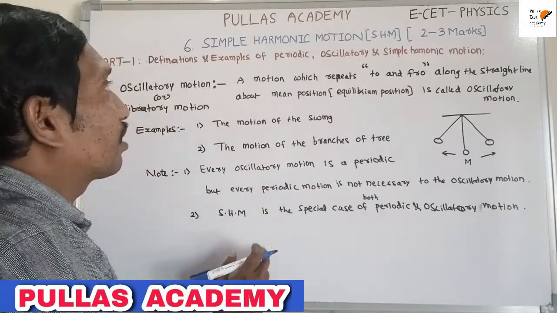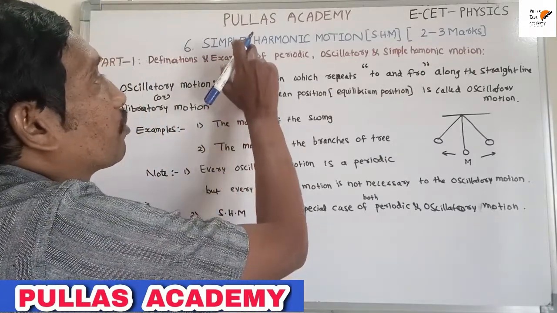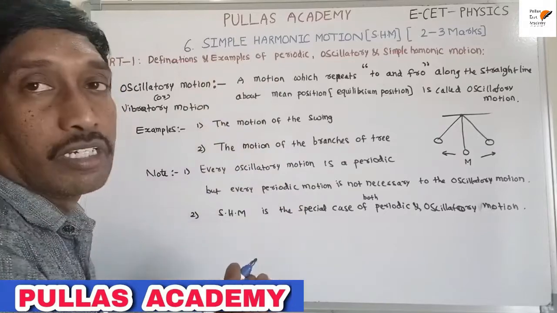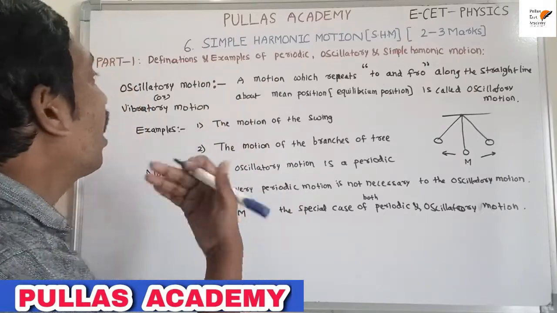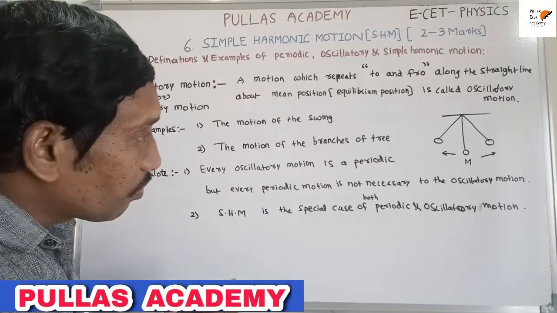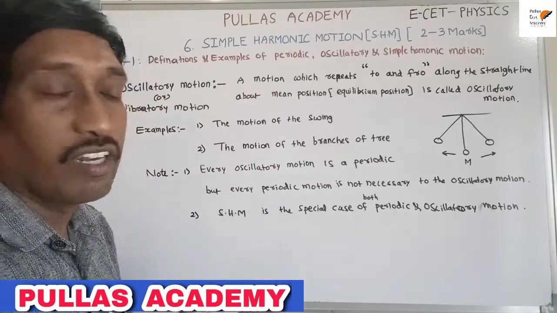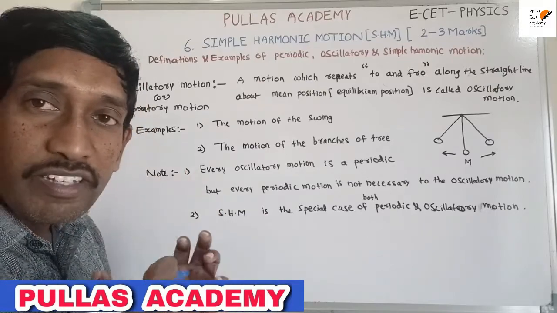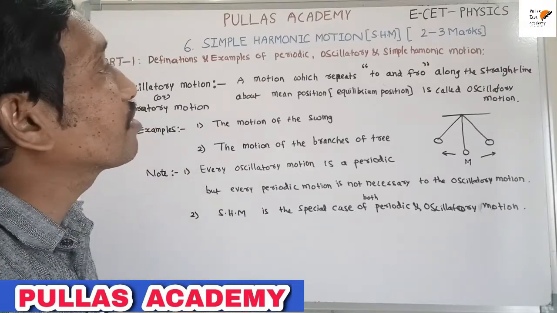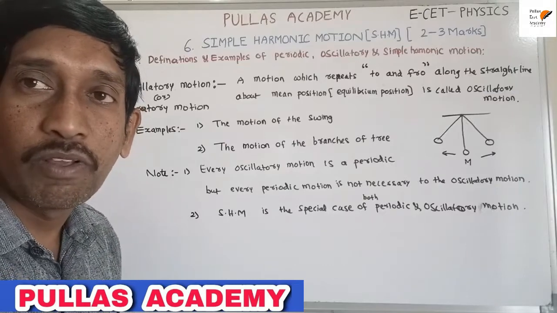So the lesson is simple harmonic motion. What is the relation among simple harmonic motion, oscillatory motion and periodic motion? You want to understand that relation, and that's why I want to explain periodic and oscillatory motion first. After that we will discuss simple harmonic motion clearly.